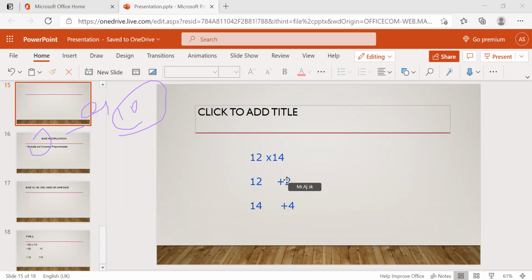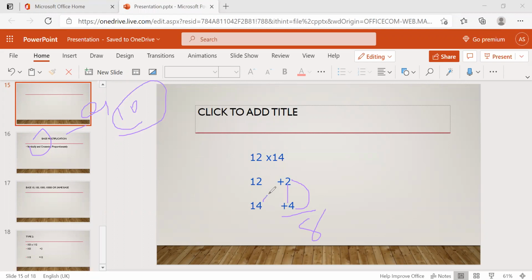Sign is very important. Then the process is nothing but vertical calculation. What is 2 into 4? 8, right? And then there is no need for cross multiplication, or adding this multiplication, nothing.